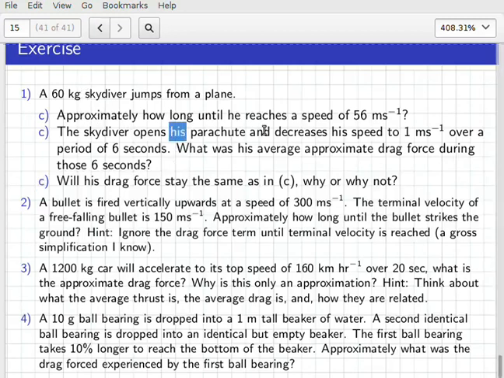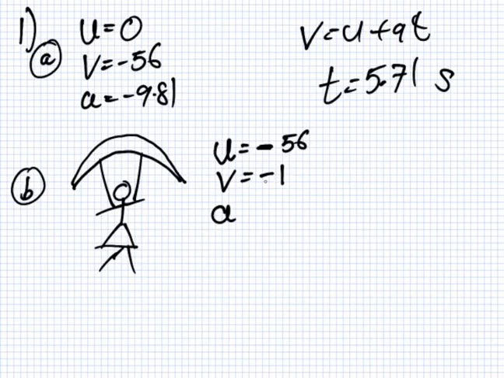And they go from 0 to 56. I'm sorry I wasn't clear. And then when they're at 56, they open the parachute. When skydivers jump, first they jump, and then after a few seconds, then they open.